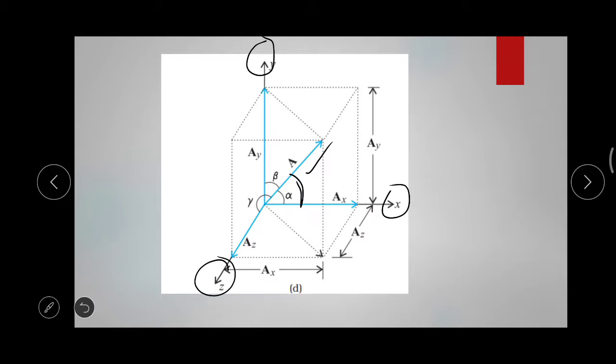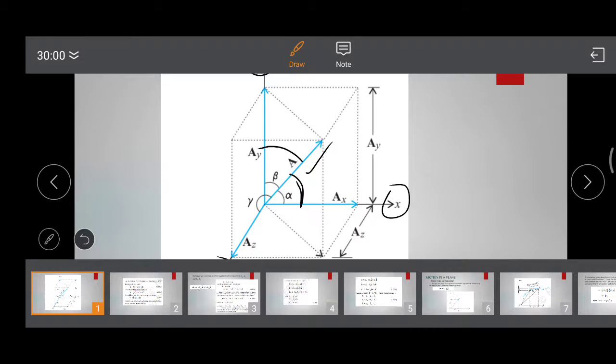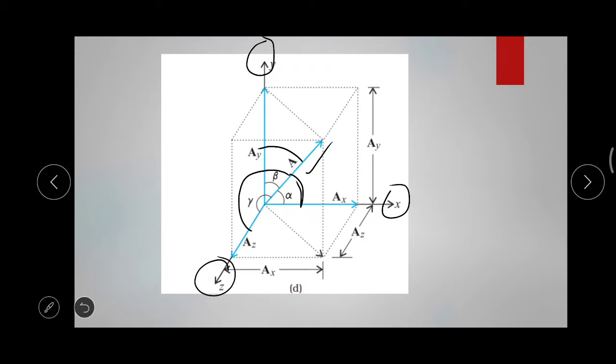Likewise, A is making an angle beta with the y axis. So the magnitude of Ay is equal to A cos beta, and the vector A is making an angle gamma with the z axis.